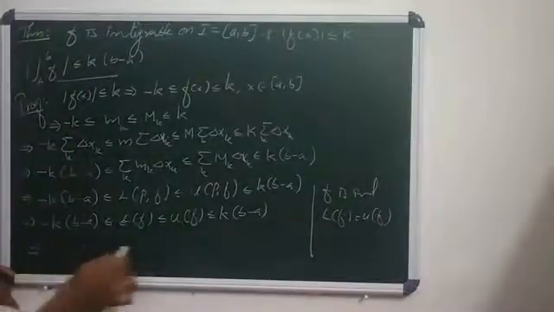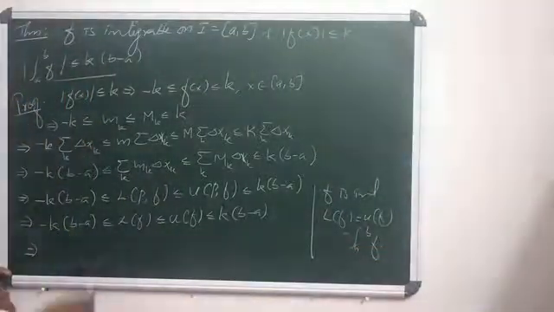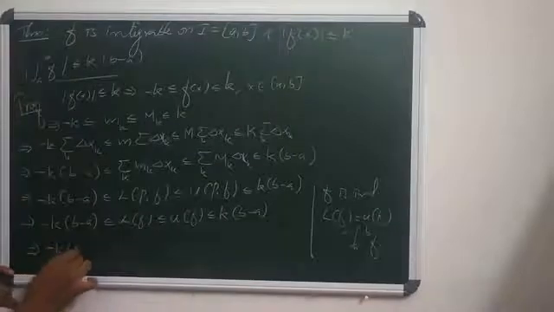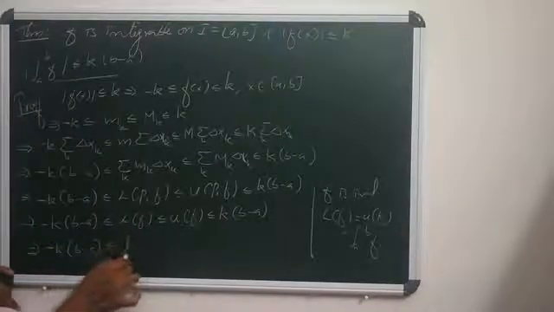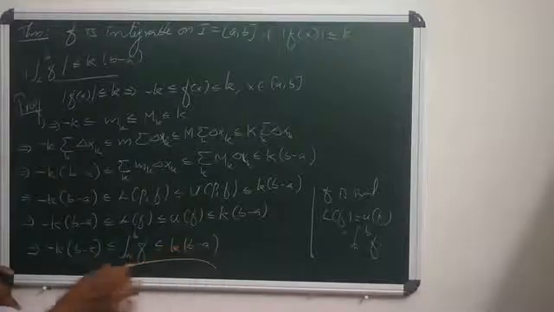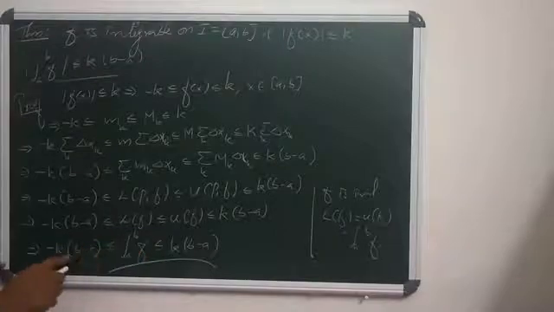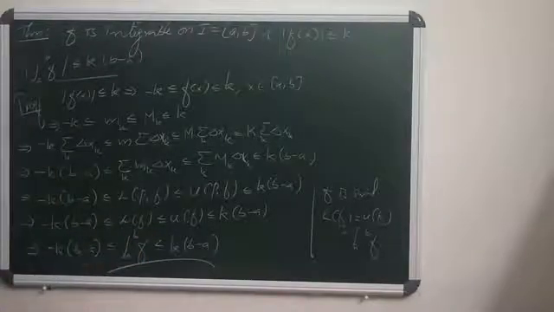So LF equals UF equals integral a to b f. From here we know that minus k into b minus a less than or equals integral a to b f less than or equals k into b minus a. So finished. That means modulus of integral a to b f less than or equals k into b minus a. That is what we require here.